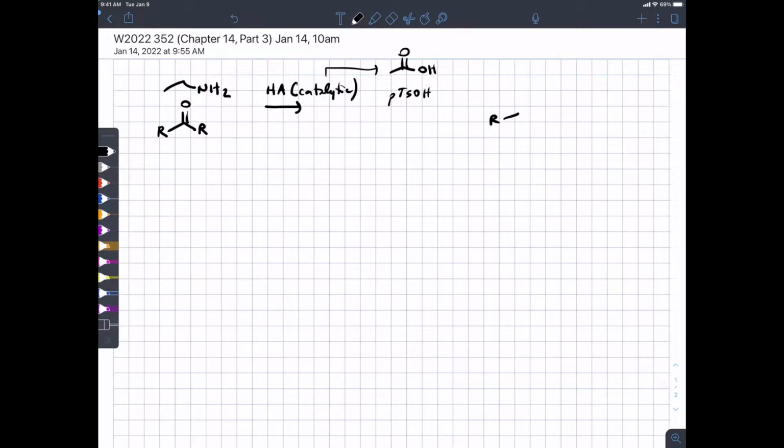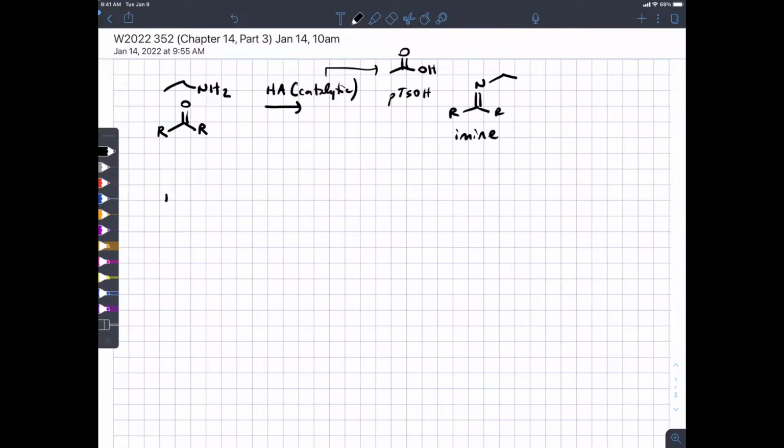But what that will do is give you the iminium ion, and then in the last step, you will remove a proton from the iminium ion to get the imine. All right, and we went through that mechanism last time.